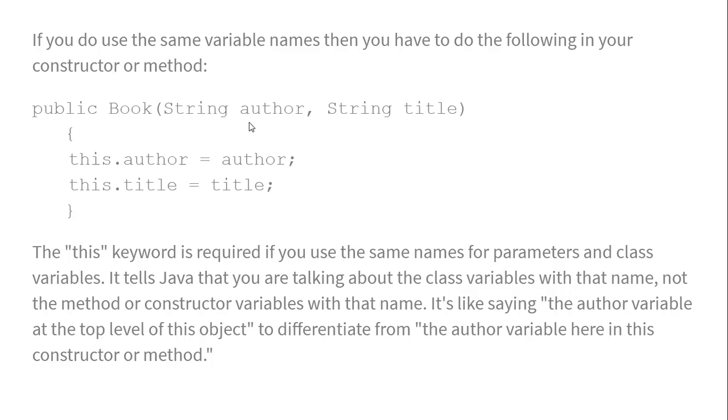And so if you use the word author up here, then you have to say this dot author to indicate the private permanent variable, as opposed to the one called author, which is just a throwaway variable. And I think you'd agree that this is slightly awkward. It's easier to not do that. Just use A for author, or AUTH, or just something that's different.